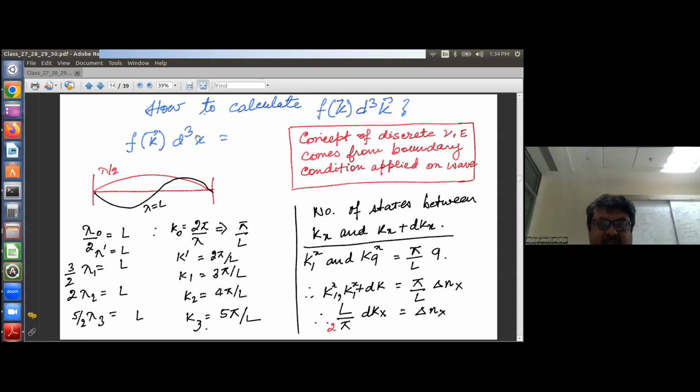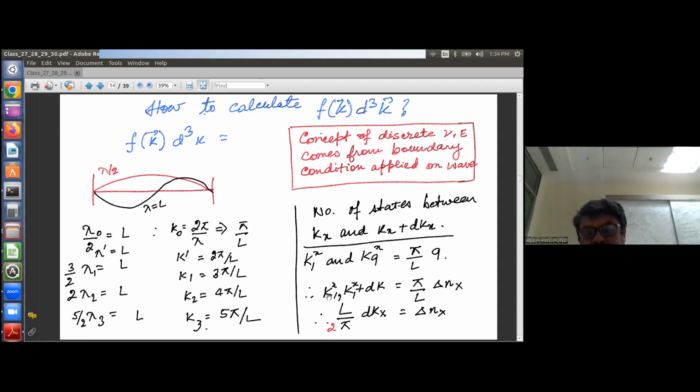So if we take such a discretization, in general, if we take k1x and k1 plus dkx, then that will correspond to a certain delta nx. How many wavelengths are there between k1x and k1 plus dkx?